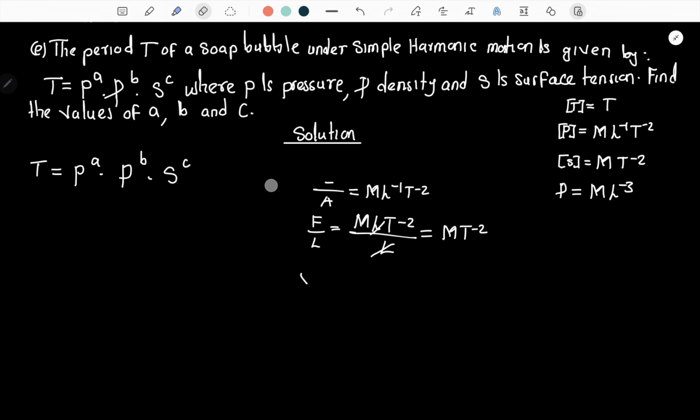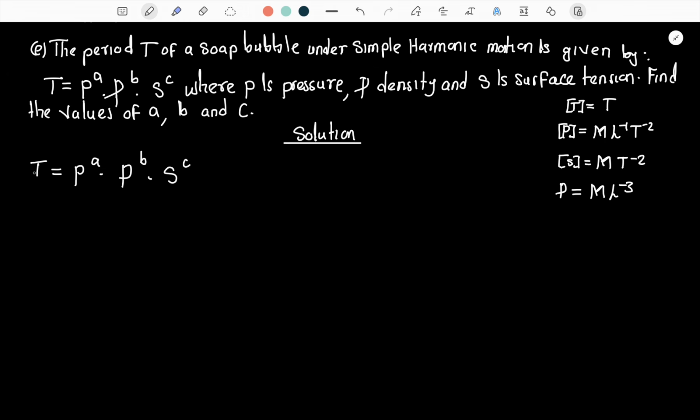Now, remember I taught you the MLT concept, and this is the other use of the MLT concept. It helps you to solve complex questions under dimensional analysis. From there, we now put everything in the MLT concept. So, how do we put the period in the MLT concept?